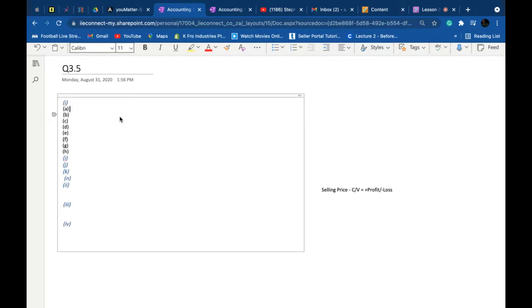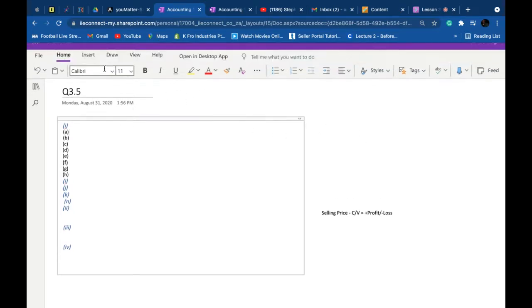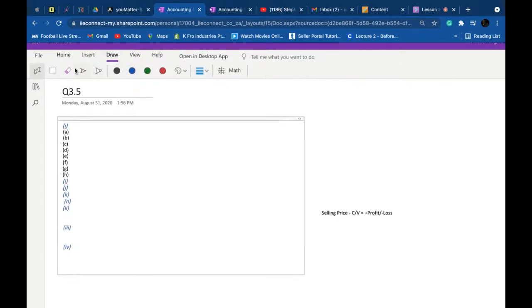Here, guys, honestly speaking, the best thing you can do for yourself, at least for the first period, is to draw your timeline. Let's do this in blue this time.